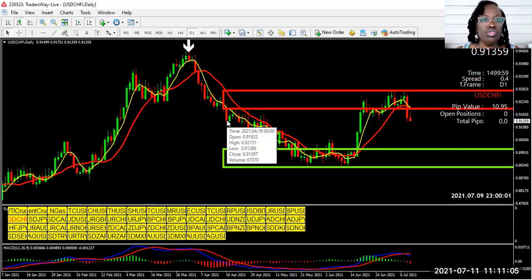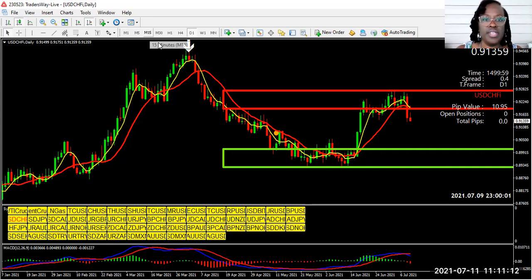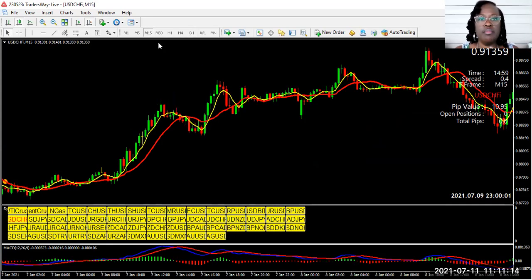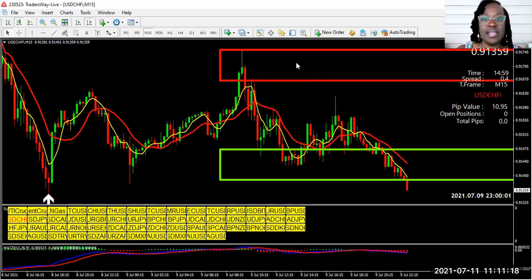Okay, so we're looking at USDCHF on the daily. My big arrow is telling me that it's bearish. The trend is bearish, so I'm looking for a sale on the 15-minute. Drop down to the 15-minute, and I am looking for price to be inside of the sell zone. It's not there. So I'm looking to identify a potential entry area, and I'm looking for a bearish engulfing candle to indicate that for me, and I definitely have one here.